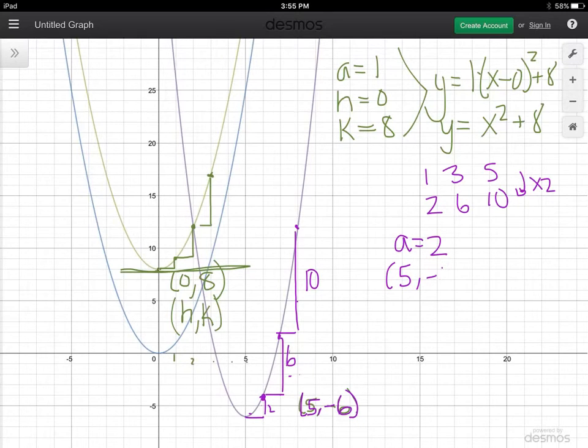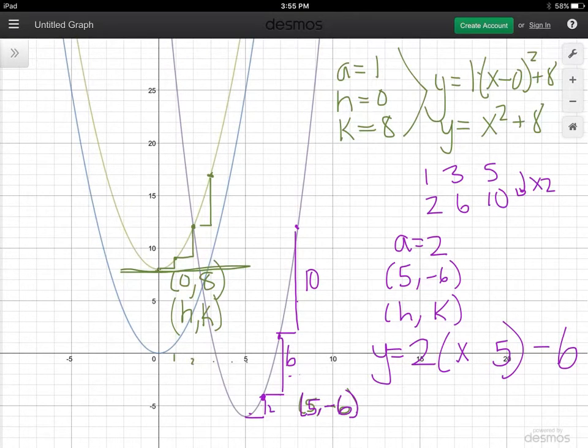If our vertex is 5, negative 6, that is our H and our K. So our formula is y equals 2x, and then you have to decide now, is it minus 5 or plus 5, and minus 6. So we talked about if it was a positive H moving right or a negative H. So we're going to make sure that we're writing negative 5 or subtract 5, so that when we bring it out of the brackets, it's showing positive 5 like we have in our coordinates here.